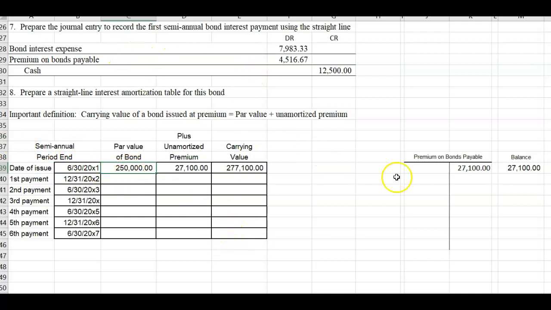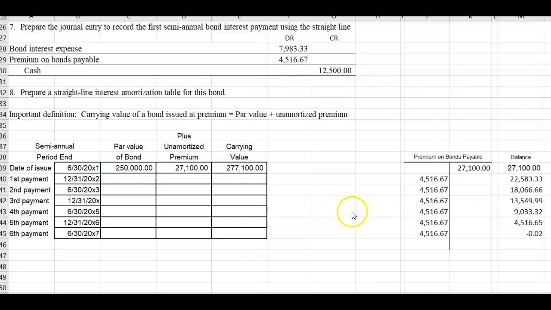Let's take a look at what happens to the T account, premium on bonds payable. On the straight line basis of amortizing the premium on bonds payable, we are going to debit the account for $4,516.67 every time we make a bond interest payment, which means that the balance in the account is going to get smaller and smaller.